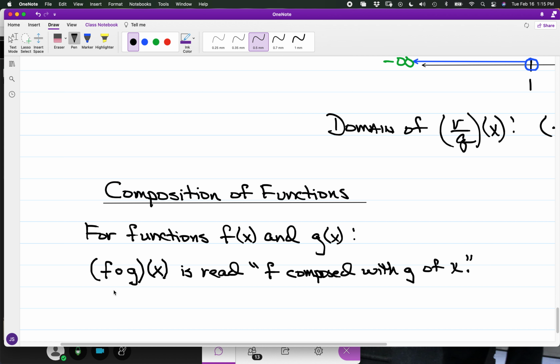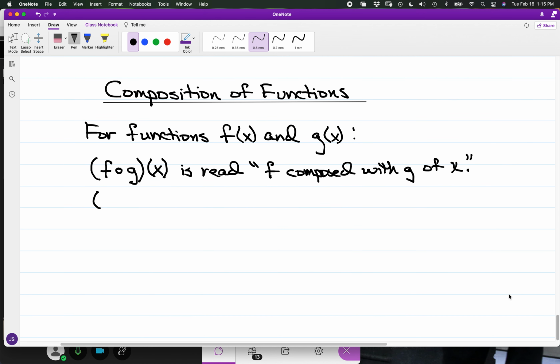And if I reverse the order, but before I do this, you have f composed with g of x. What's going to happen here, in operational terms, is that we've got two functions that will be intertwined, and one function is going to be dependent upon the other function.